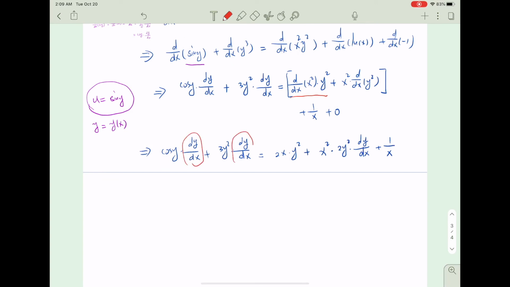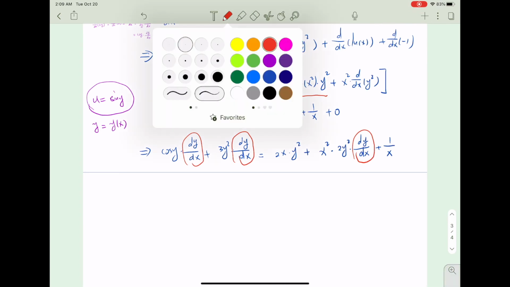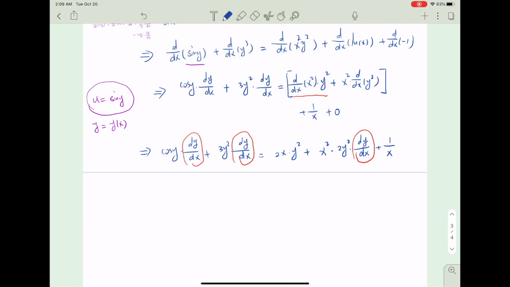I'm going to view this as a variable, or as an unknown in this equation, and I'm going to try to solve this equation and view everything else as constant, just like how we handle an equation of x and solve for x.